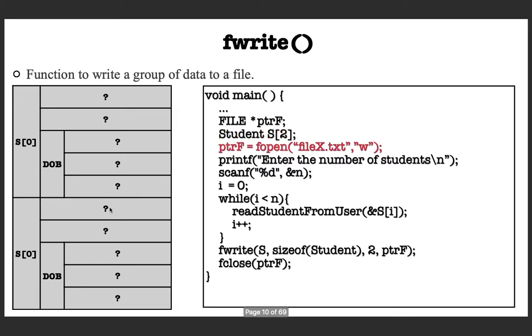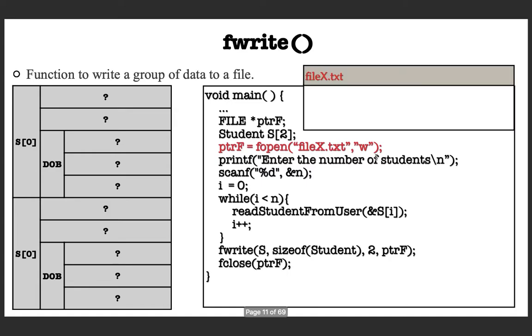The next statement is an fopen statement. So, you are going to actually create a file. It's called filex. And you are opening it in the w mode, which is write only mode. So, you are going to create a new file. If you execute that, you will get a file created like this.